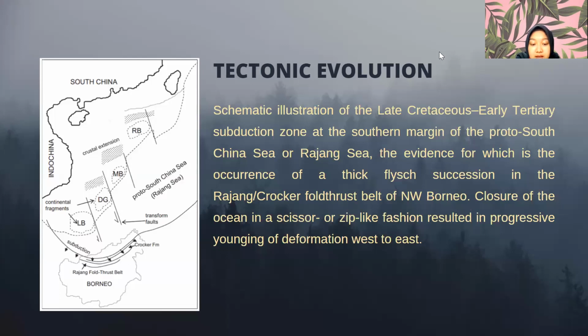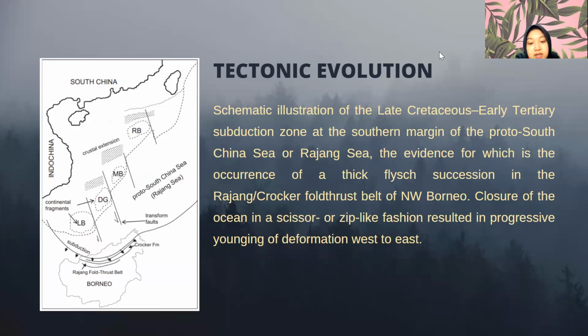For the tectonic evolution, this is the schematic illustration of the late Cretaceous to early Tertiary subduction zone at the southern margin of the Proto-South China Sea or Rajang Sea. The subduction beneath the Sarawak margin may have ceased by late Eocene, but continued farther to the east and northeast into Brunei and Sabah.